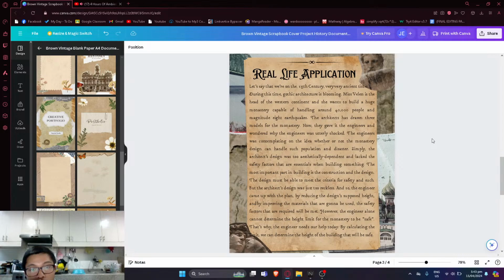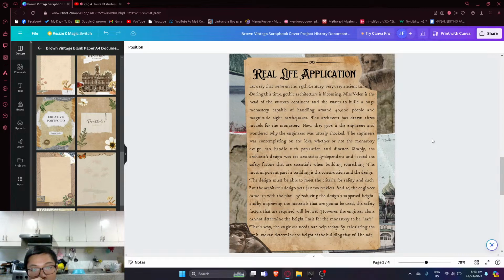Simply, the architect's design was too aesthetically dependent and lacked the safety factors that are essential for the building of something. The most important part in building is the construction and the design. The design must be able to meet the criteria for safety and such, but the architect's design was just too reckless. And so, the engineer came up with a plan.